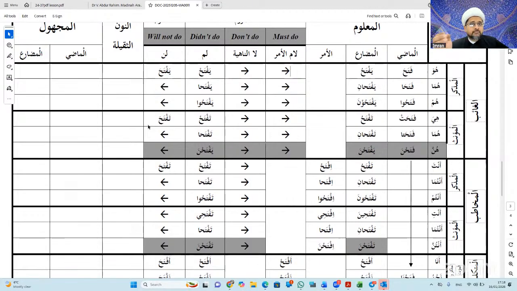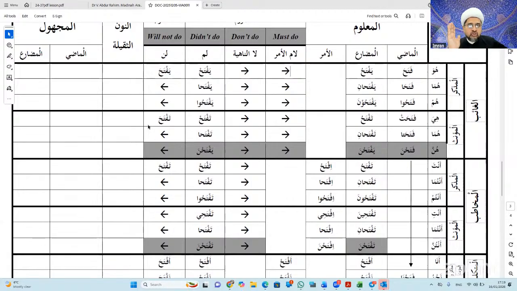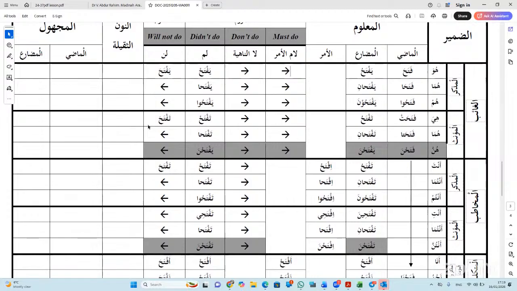So this is a state of mansub. And for example, how would you say I sat on the chair? What is the verb to sit? Jalasto alal kursi. And because of ala, what does ala do whenever it comes? It's a harf jar, it gives the last letter a kasra.